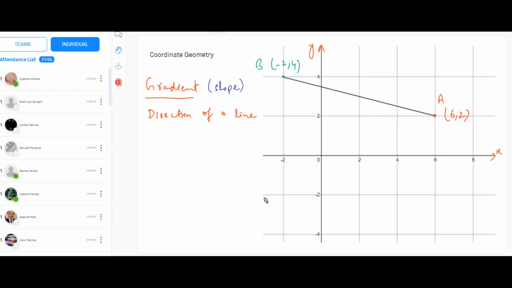इसके लिए हम formula use करते हैं, it's called y2 minus y1 over x2 minus x1, and you might have heard of this thing. It's called rise over run. What that basically means is कि आपका y axis के ऊपर कितना change हो रहा है? This change here on the y axis, right?